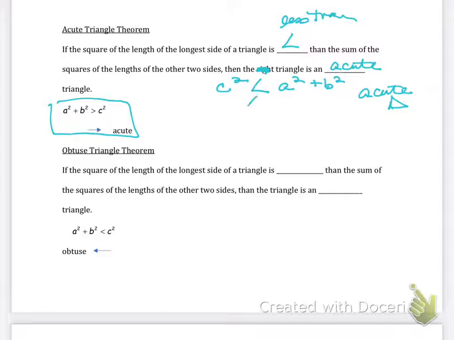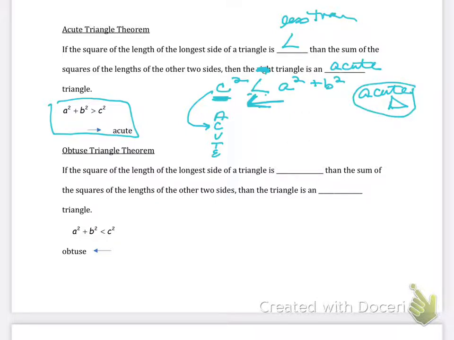If you think of this less than symbol looking like a little bit of an arrow, look what you're pointing towards. You're pointing towards the C, and what triangle has a C in it? The acute one does. So when you are pointing towards the C, it's going to be an acute triangle.